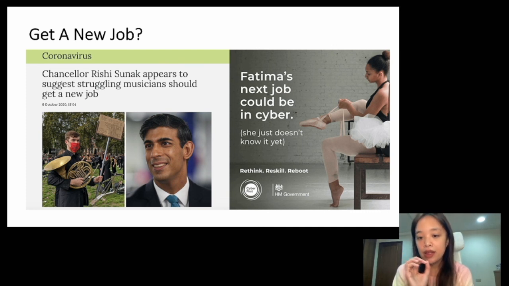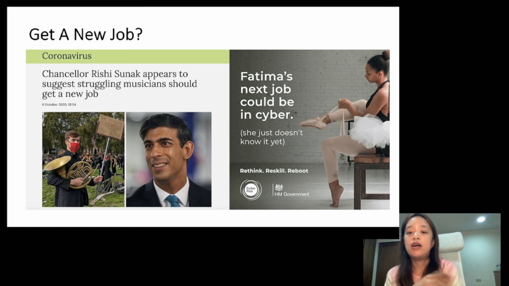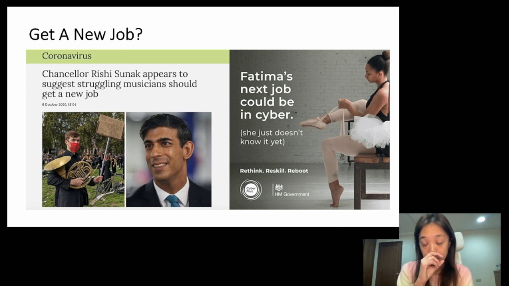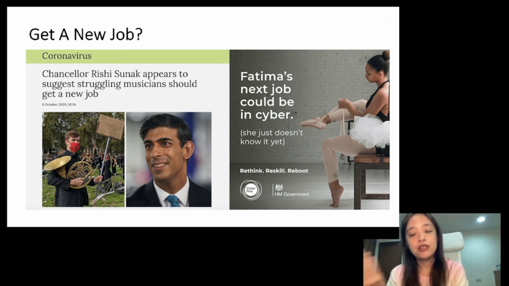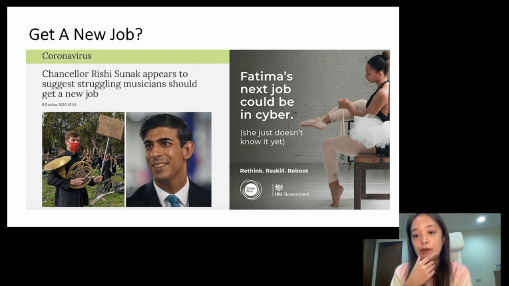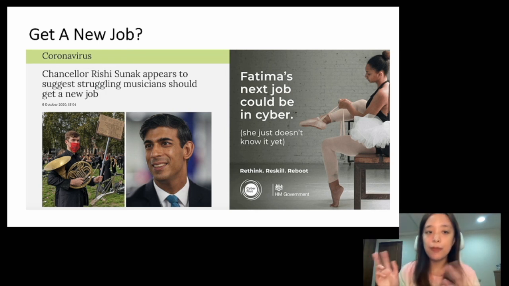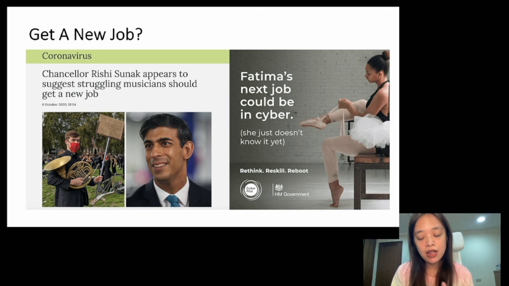And we also saw an ad from Cyber First, which is a government-backed body. The ad seems to suggest that a dancer, Fatima, which is her name on the ad, could have her next job in cyber. Because now she's a dancer and she's not supposed to do that. That's not actually a proper job, and she should move into some other sector. So what we can read into is that creative workers are also vulnerable because the things that they do don't necessarily get seen as a job.